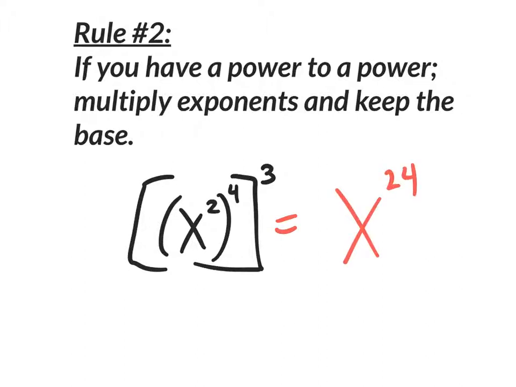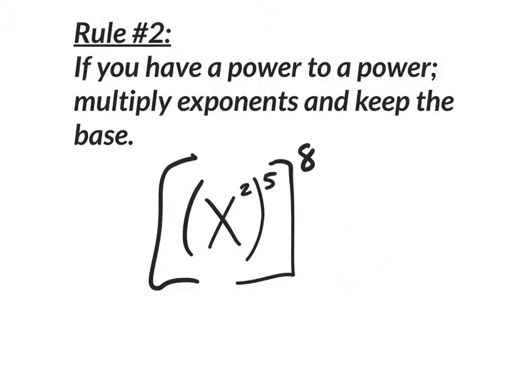Again, the rule says when you have a power to a power, multiply the exponents. So 2 times 4, power to a power, 8. So you could really rewrite it as x to the 8th, and then power of 3, that'd be 24 total, because 8 times 3 is 24. So a power to a power, you multiply. Now, of course, you could expand it, but that would take a long time. It'd be ugly. So that's why this shortcut was created, so you could just come up with an answer quickly instead of expanding.